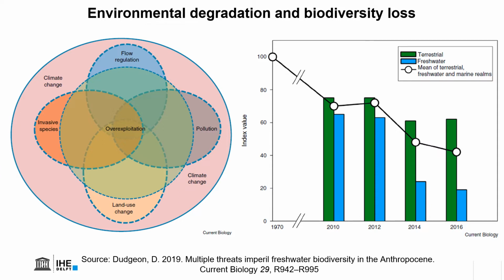The index starts at 100 in 1970 and serves as a benchmark against the following years. While a decline can be seen in terrestrial ecosystems, this is much steeper in freshwater ecosystems, as evidenced by the census results from 2014 and 2016. Next, we will briefly discuss monitoring from a historical perspective.